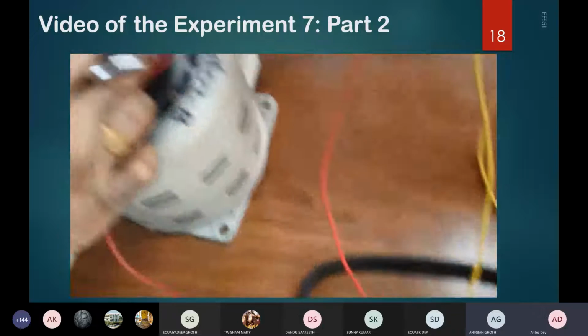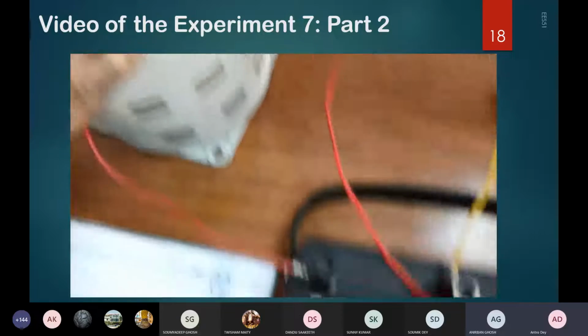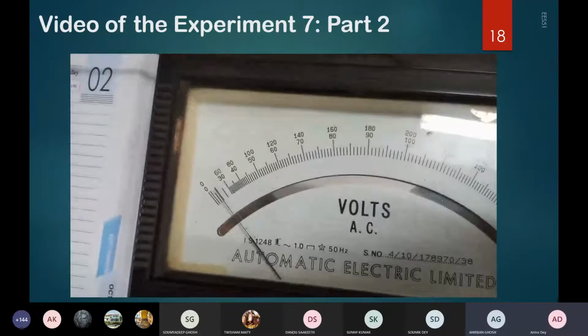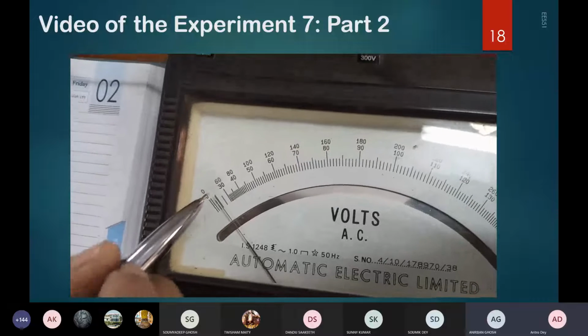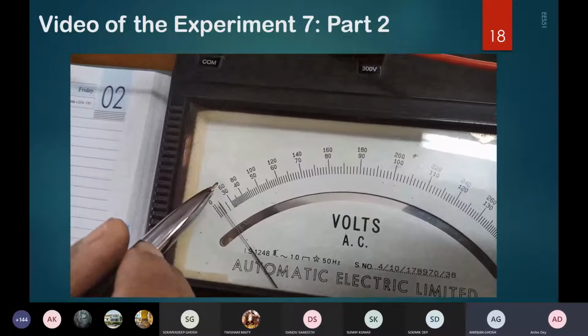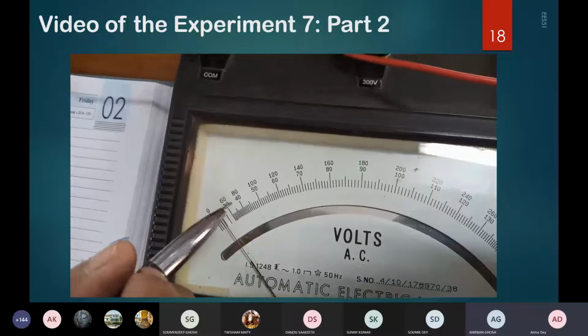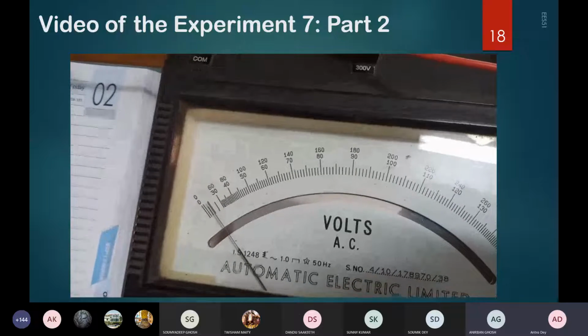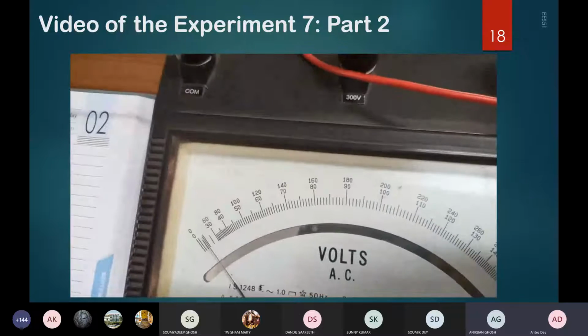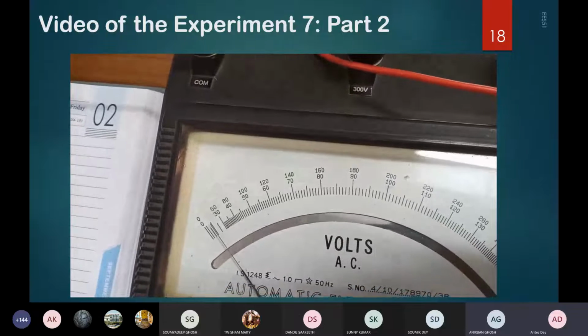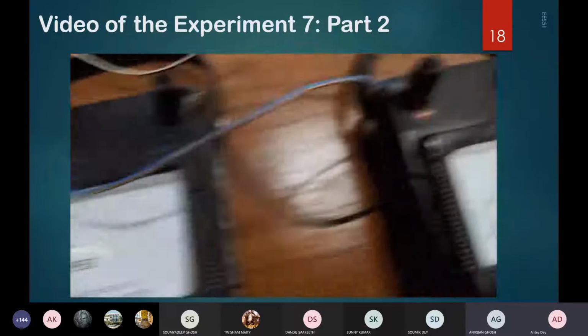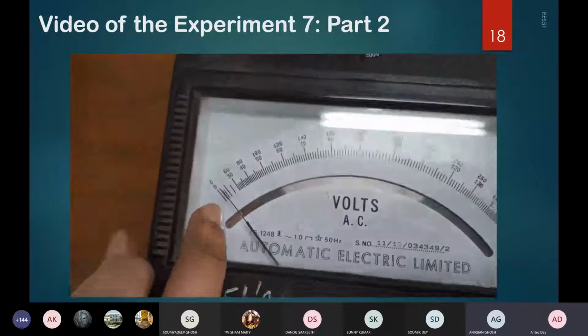So let us go to 40. Again, here it is not very well understood what the difference is. From 60 onwards it will be clearly visible as we keep on increasing. For 40 also let us take the reading. Here it is 40, and on the V2 voltmeter it is at the same position.